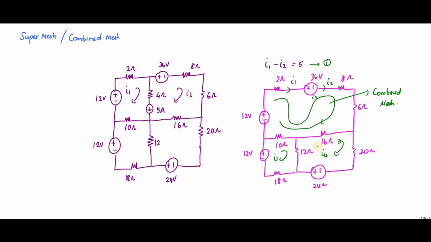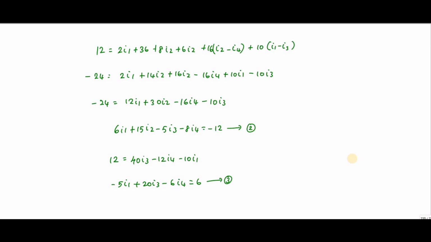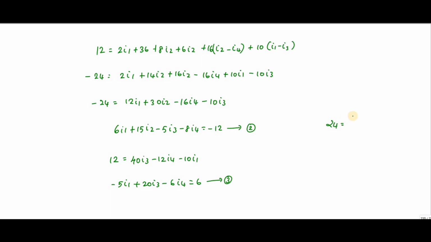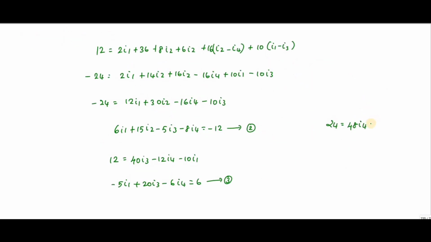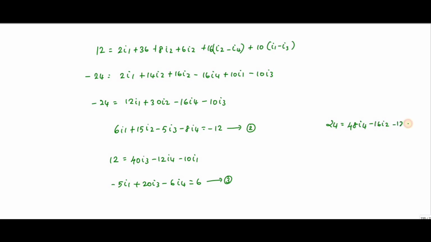Regarding the fourth mesh, the total value is 48I4. So 24 is equal to 48I4, and 16 is between I1 and I4, I2 and 12 is between I3.